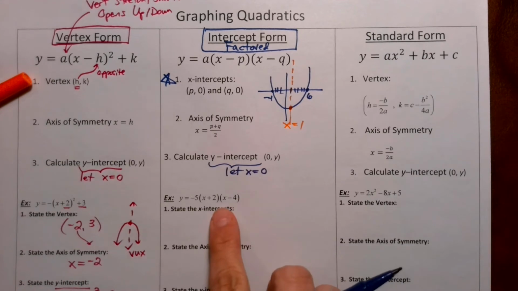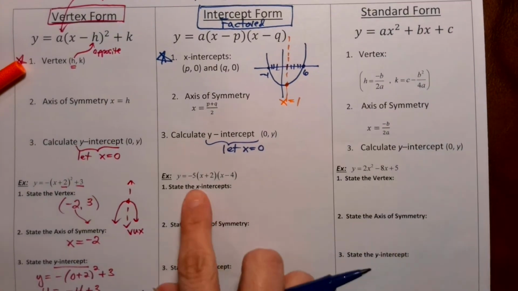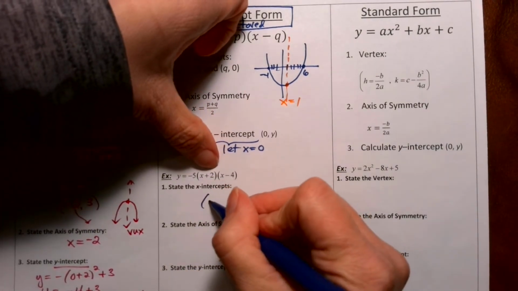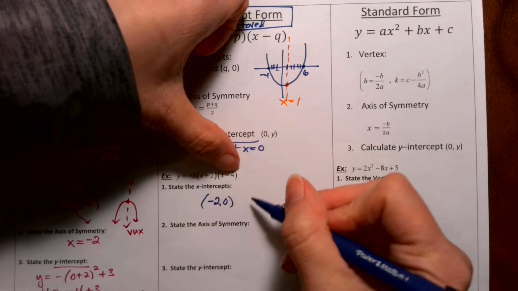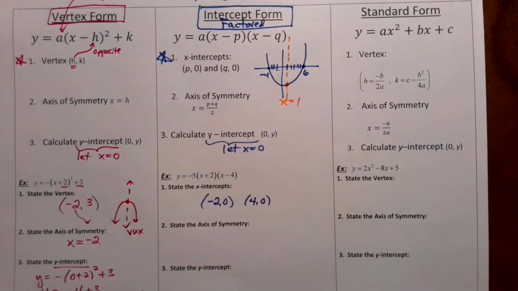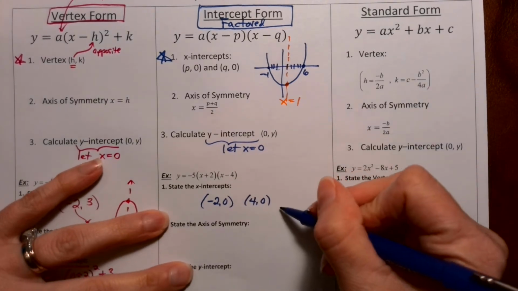Here's an example. This equation is already in factored form or intercept form. So the x-intercepts are (-2, 0) and (4, 0). The axis of symmetry: what you could do is graph this.